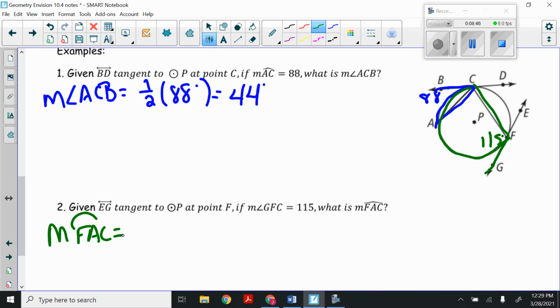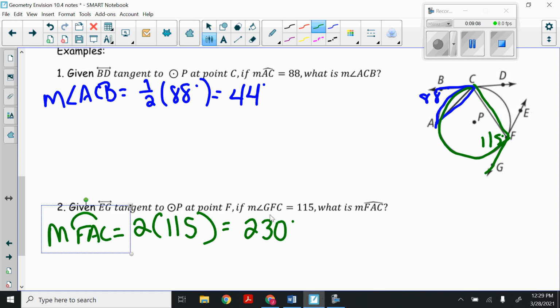So now we're basically going backwards. They gave me the inscribed angle, which I know is half of my intercepted arc. So to find the arc, it's going to be 2 times the angle, 115 degrees. So 2 times 115 degrees is 230 degrees.